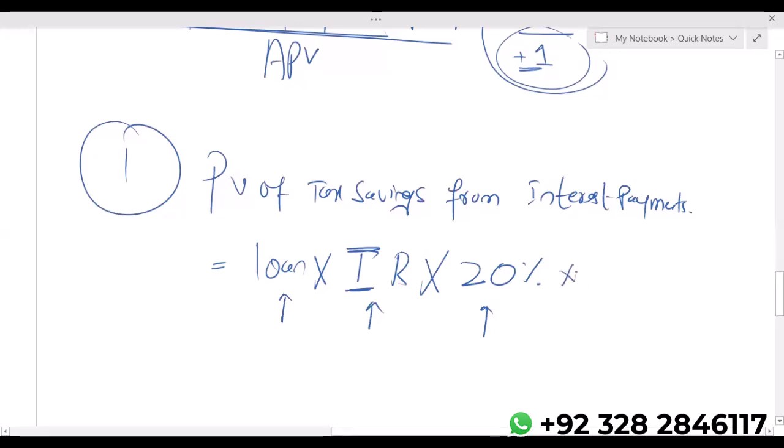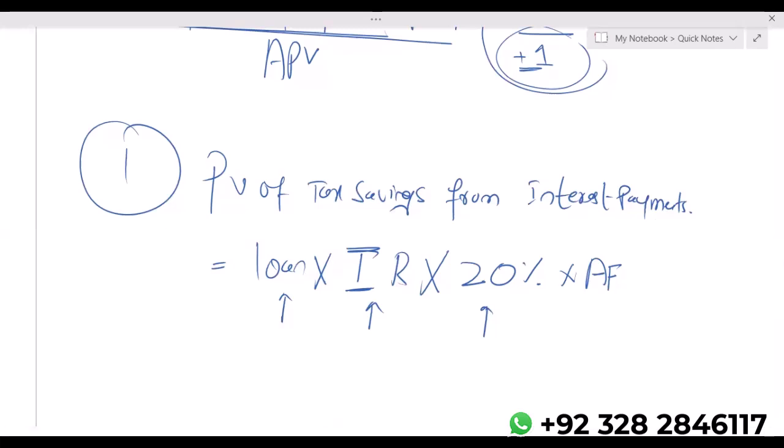Normally, I'm not saying always, the tax saving will be the same every year. In that case, I will multiply this with the annuity factor. Then I will get the present value of tax saving from interest payment. And I just said normally the tax saving from interest payment will be the same every year. That is why to calculate present value, we will be using the annuity factor.